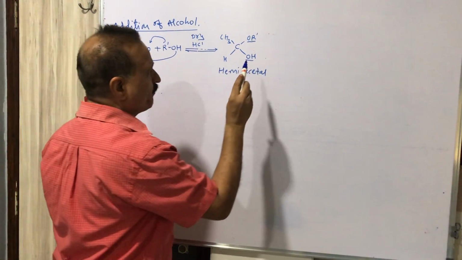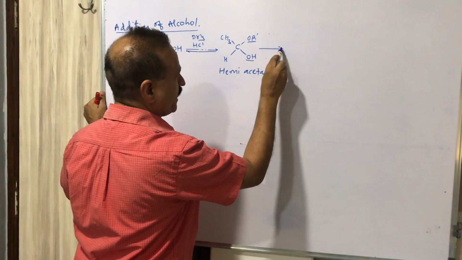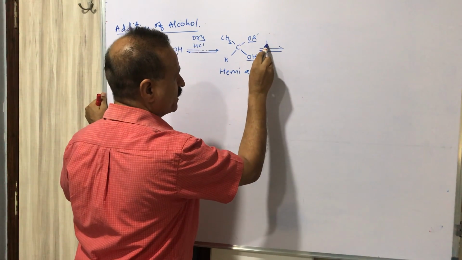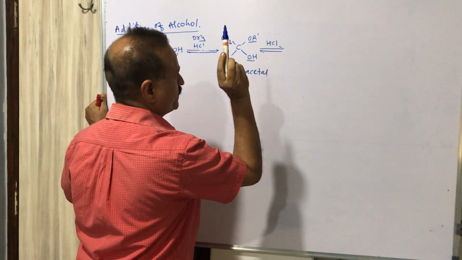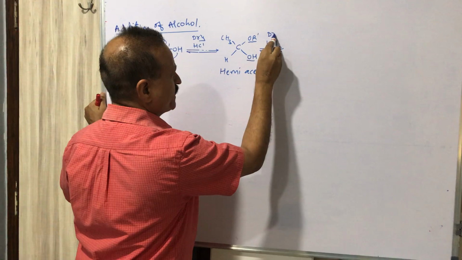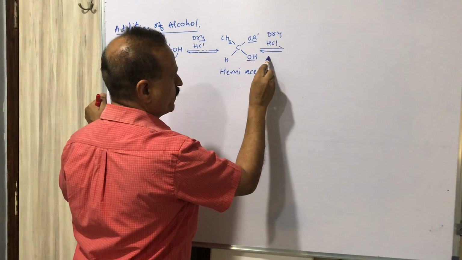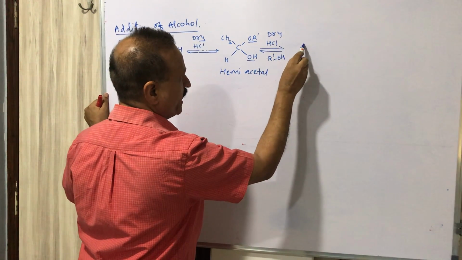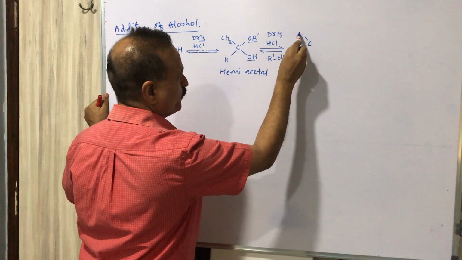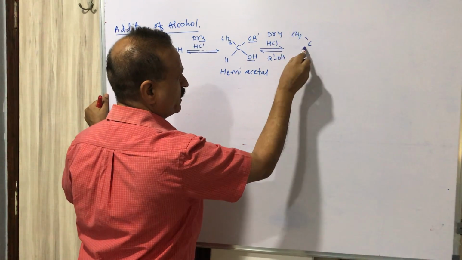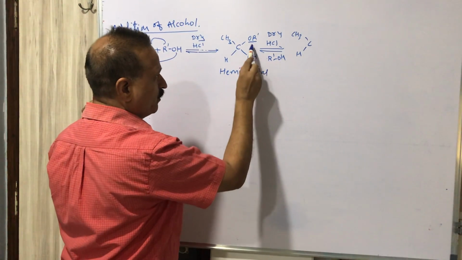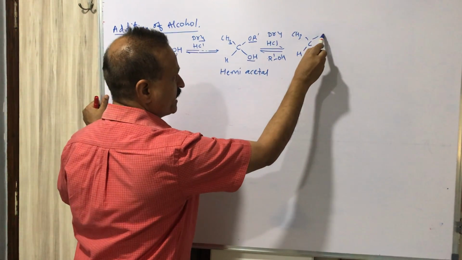Again the hemiacetal, which is an unstable intermediate product, reacts in the presence of dry HCl with one more molecule of ROH. Then we get the acetal product, CH3CH.